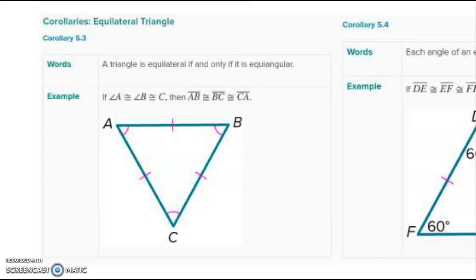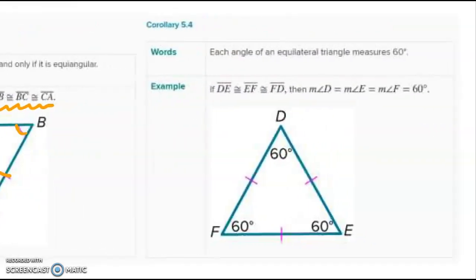If I know all three angles are congruent, so if I'm given or find out that all three angles are congruent, then I can go ahead and say, all right, well, now I know all three sides must be the exact same.